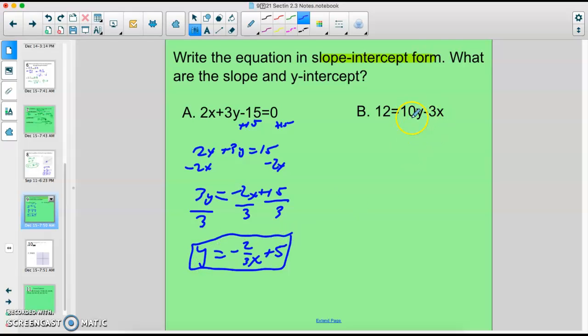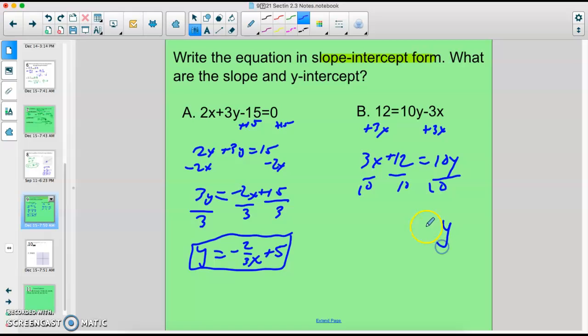Okay, now this one we need to get y by itself. Okay, fine, I'll cave. I'm just going to add the 3x over. We'll go 3x plus 12 equals 10y. Then we need to divide everything by 10.